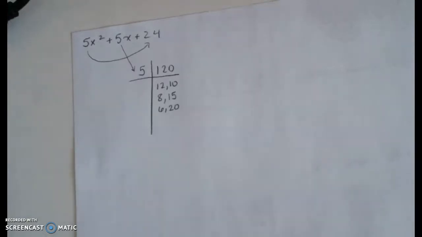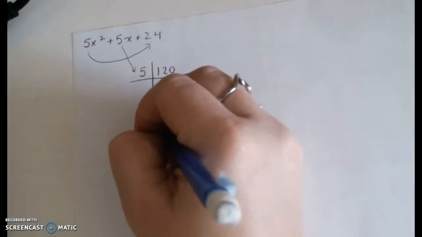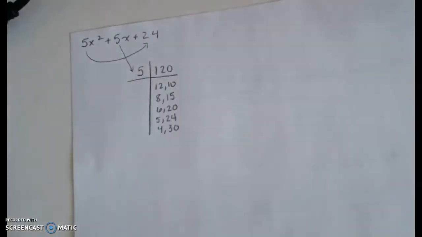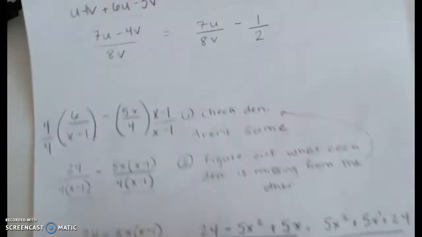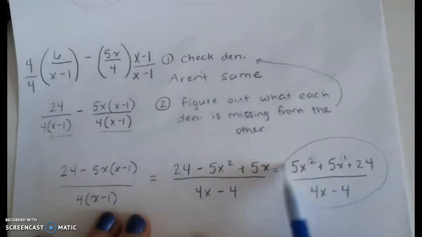5 and 24 works, but that doesn't help us. 4 and 30 works, but that also doesn't help us. So this is not easily factorable, which means we are going to keep this answer as it is.